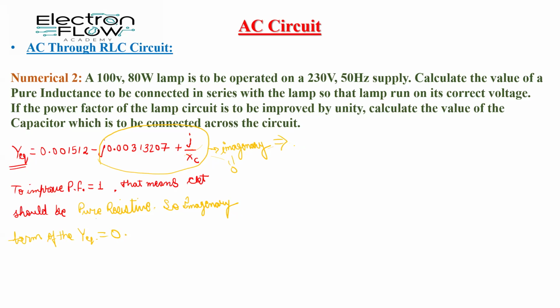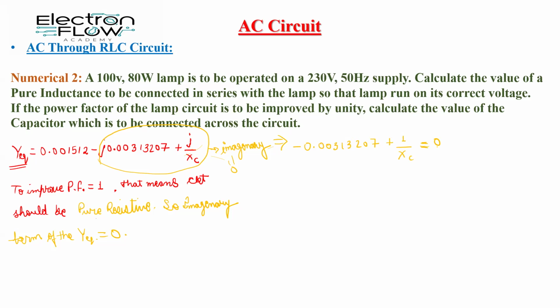So minus 0.003133207 plus 1 upon XC is equal to 0. Here I am taking j common.